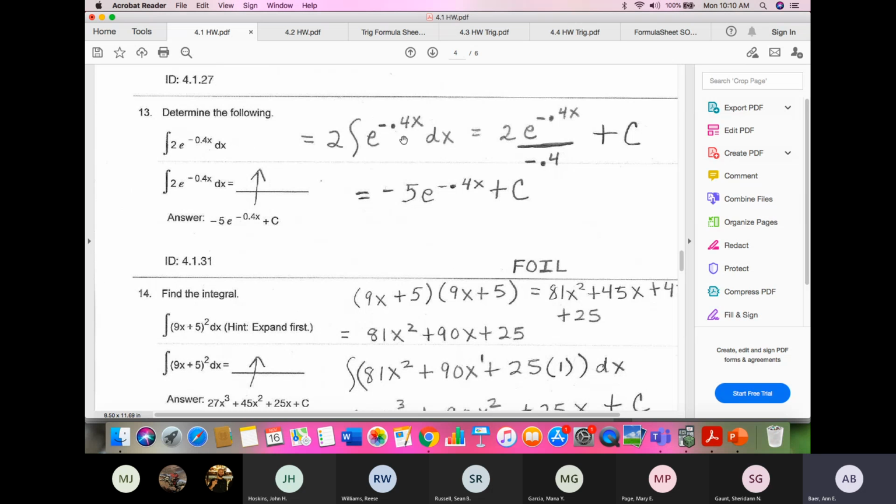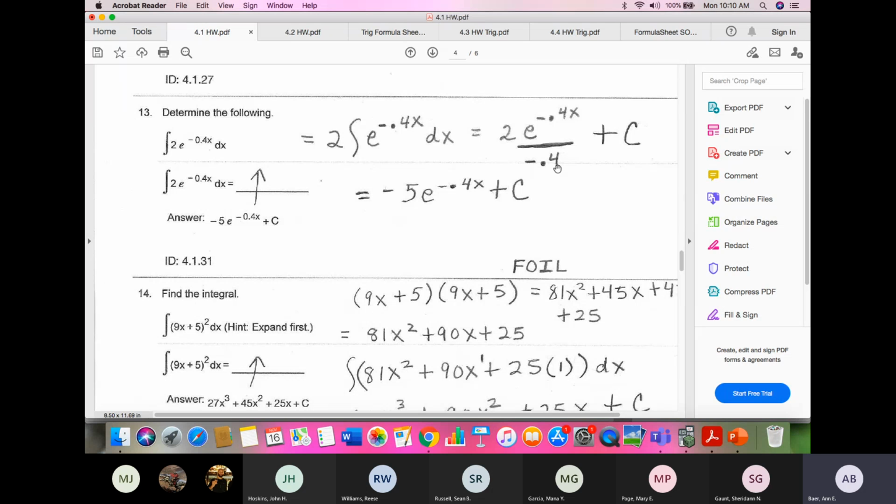So we want to then copy over our 2. If we want to integrate e to a power, it is e to that power copied over, divided by the derivative of the power, which would be just negative 0.4 times the derivative of x, which is 1.